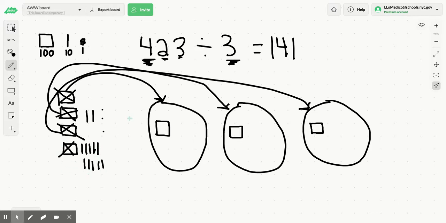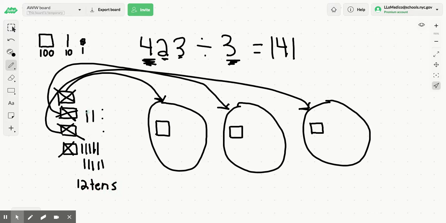So I'm not changing how many hundreds I have, I'm just changing the way it looks. So instead of having a flat, we're going to have 10 longs, which is the same as 100. Now don't forget, we also have these 2 10s here. So 10 10s plus 2 10s means that we have 12 10s all together to divide.